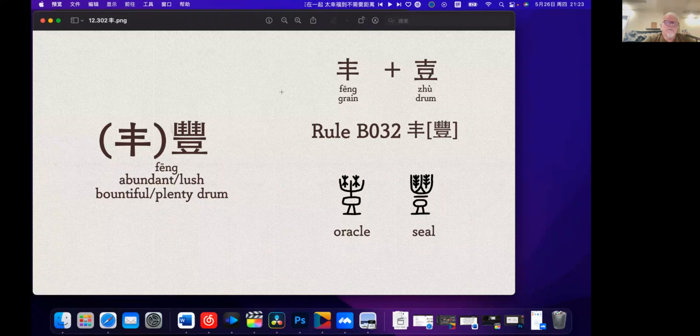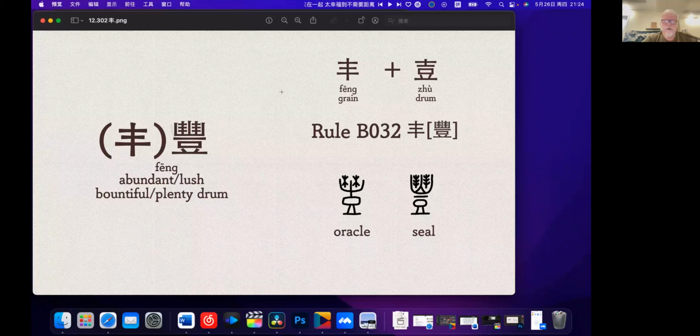So this character feng is very similar to the character li, except it's pronounced differently. It means abundant, lush, bountiful. And when we look at the seal character, we can be sure that on the bottom is a drum. And on the top, again, we have something that is debatable.